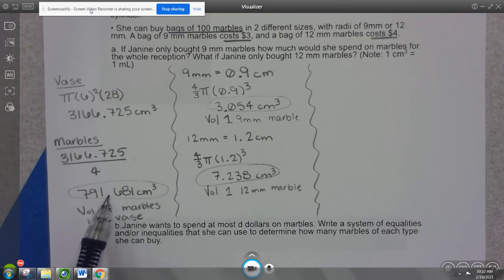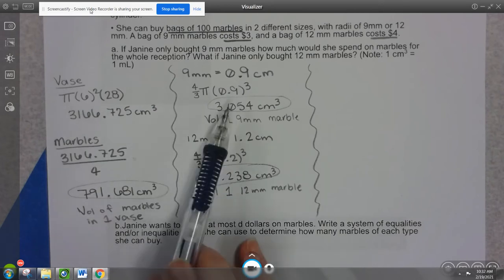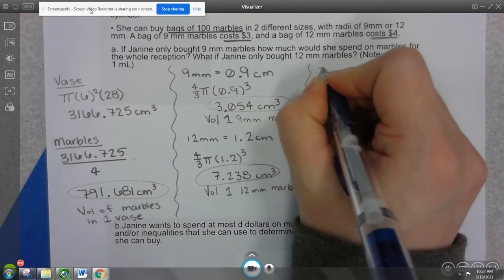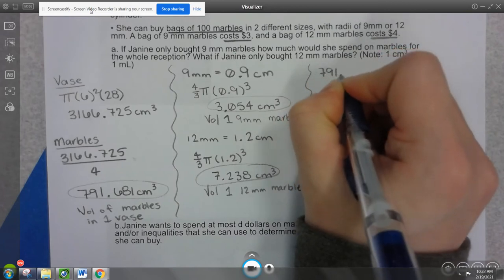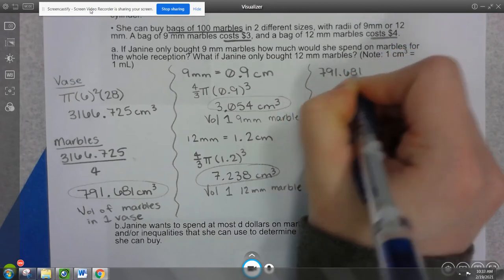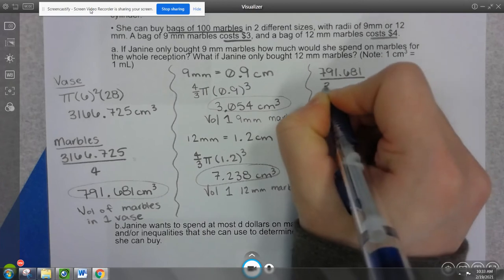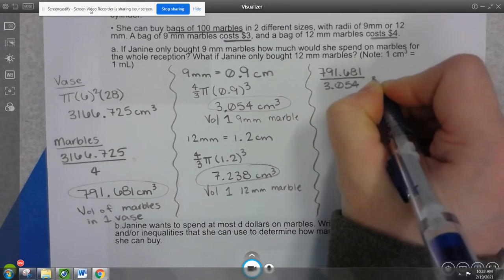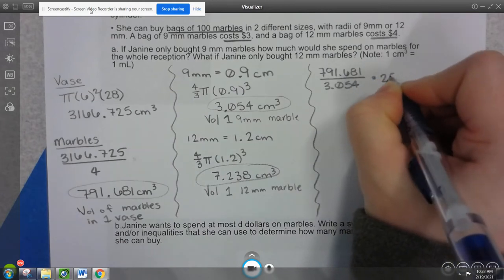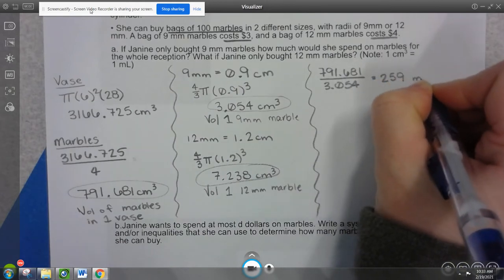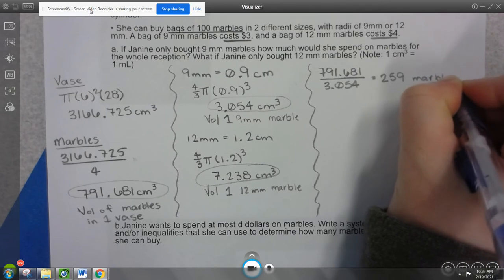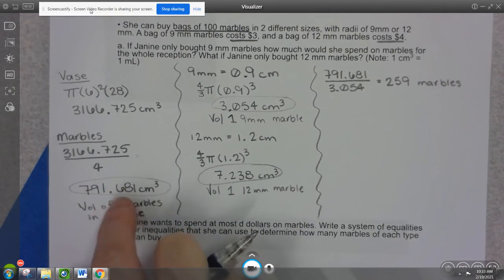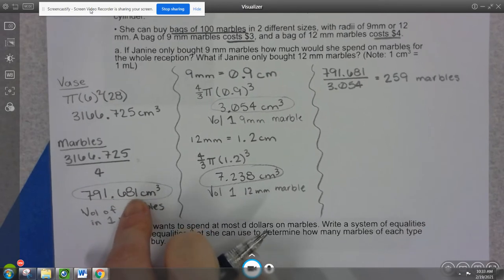So this is my total volume I need to cover. This is the volume of one 9mm marble. So if I divide those, that tells me I need 259 marbles to make one vase this full of marbles.